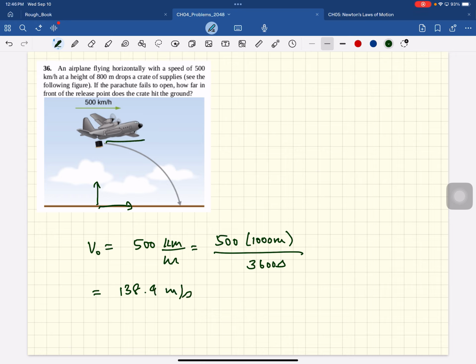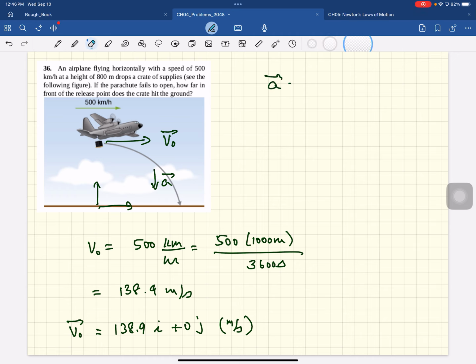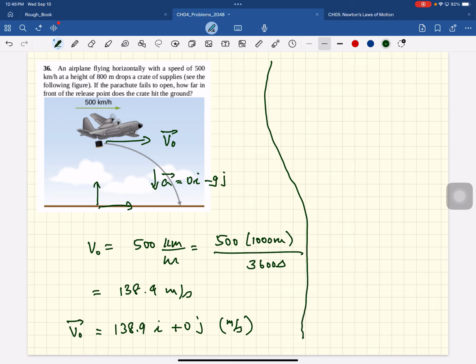All right, so now we have our situation. Let's write down the initial velocity: 138.9 i plus 0 j meters per second. Our acceleration vector is as follows. First let's find the time of flight. We'll look at the y motion.